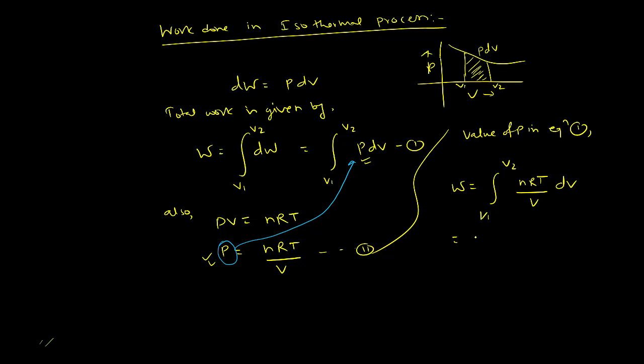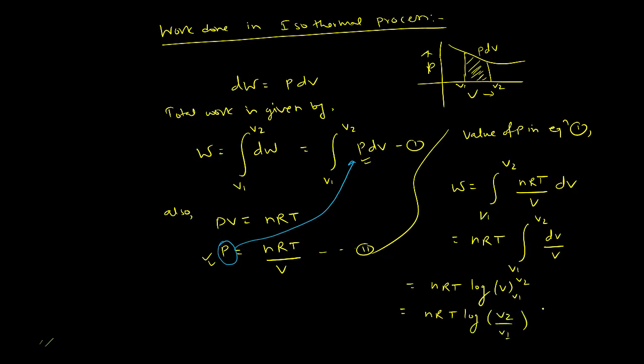Here n is constant, R is constant, and T is also constant for isothermal process, so nRT is constant, and we have nRT times integral from V1 to V2 of dV by V. The integral of dV by V is log V, from V1 to V2, and by solving this we get the final result nRT log V2 by V1.